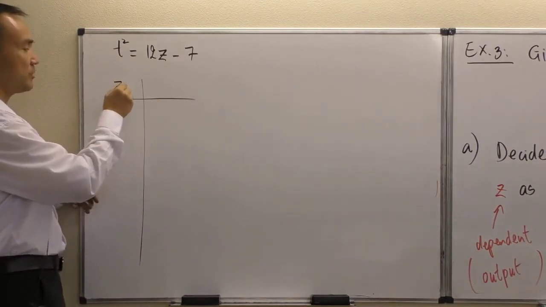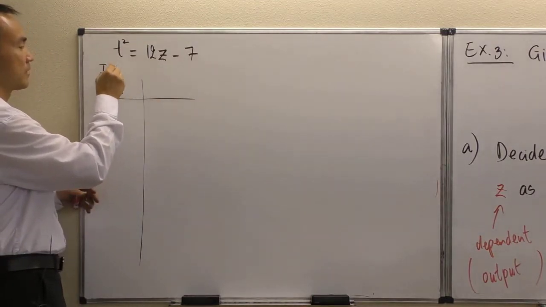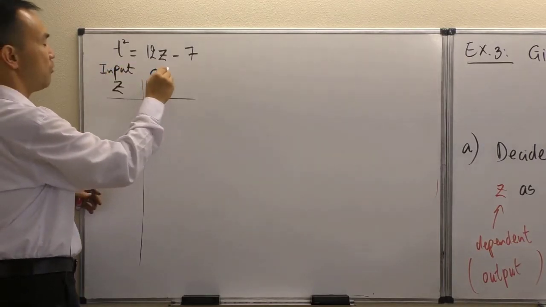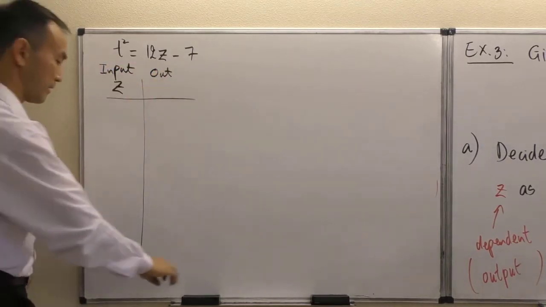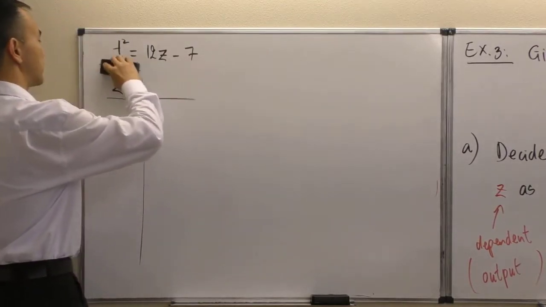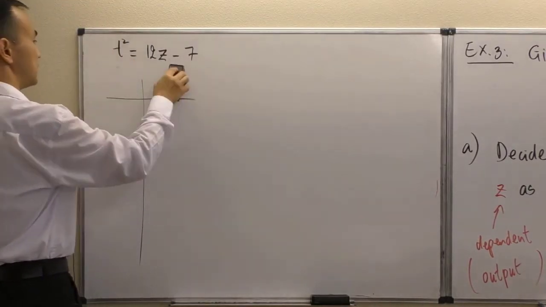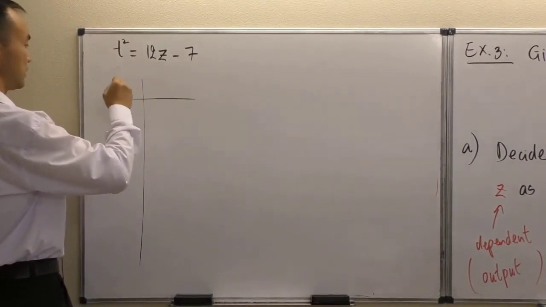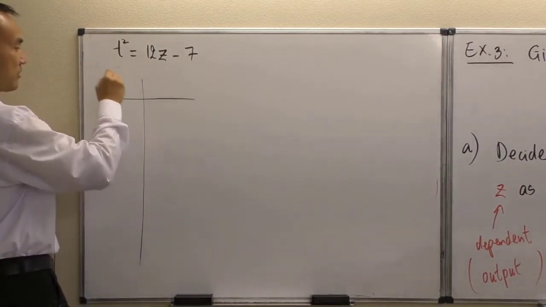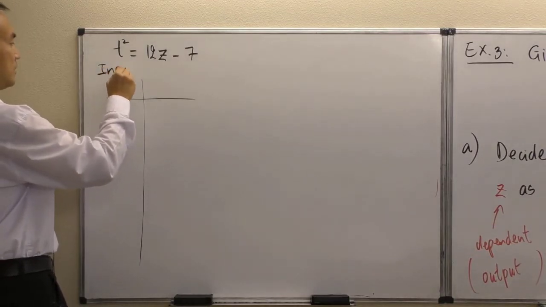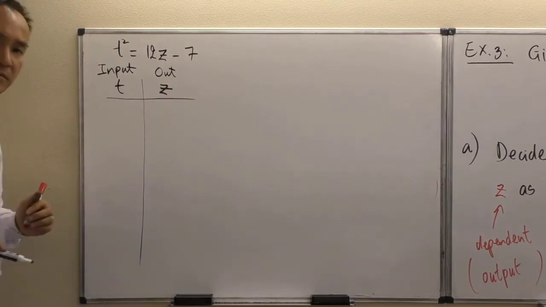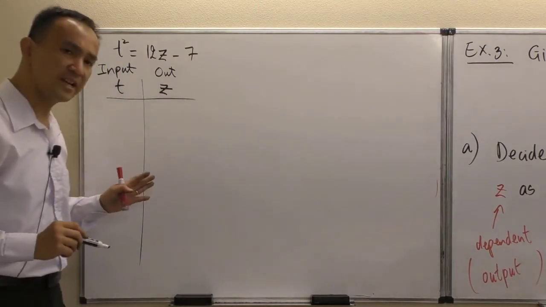I want z to be the input, and t to be the output. I think I have it opposite. In this problem, we want t to be the input, and the output is the z variable. Okay, so let's see how that can be done.